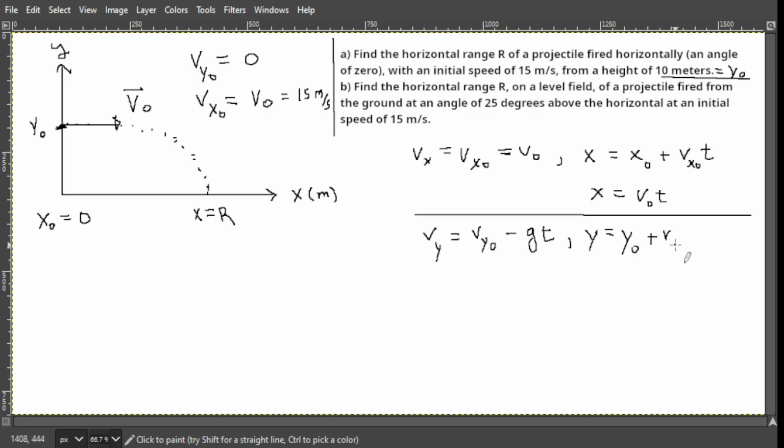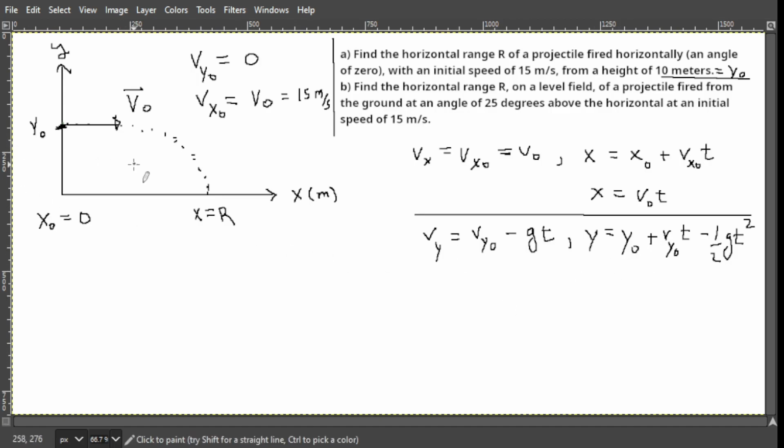Then plus vy0 times t, and then minus 1/2 gt squared. So those are our kinematic equations for constant acceleration, and here's the y component, the y position versus time equation. Here gravity is the constant acceleration, the only acceleration for our projectile motion, neglecting air resistance.